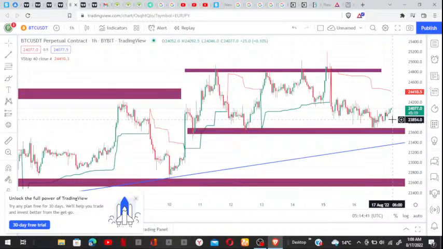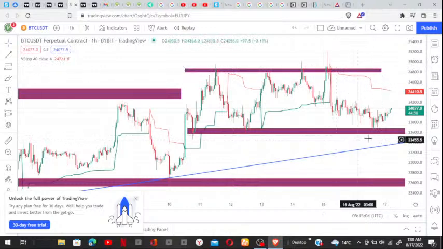Around this level over here. So when I entered the market, the candlestick was in this, so I saw this was a bullish candlestick. I had to wait for quite some time before I entered the market because there would have been a breakout going down, or maybe it would have bounced back to this level. So that's why I had to wait quite some time before entering the market.